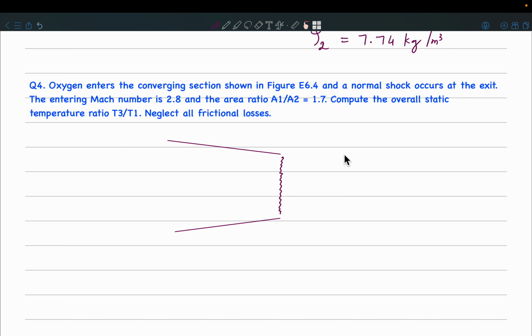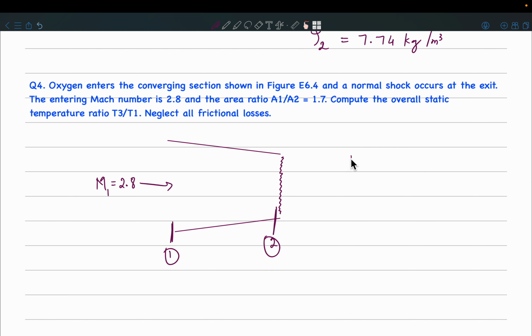The entering Mach number is given, so that means over here Mach number M1 is 2.8, and let's say this point is station 1, and this point just before the shock is station 2.